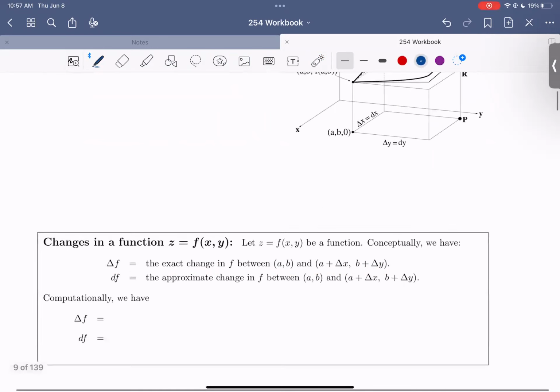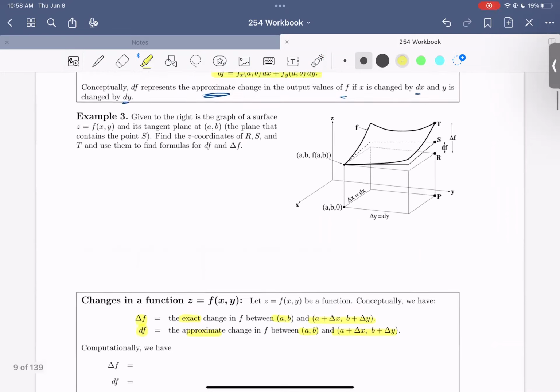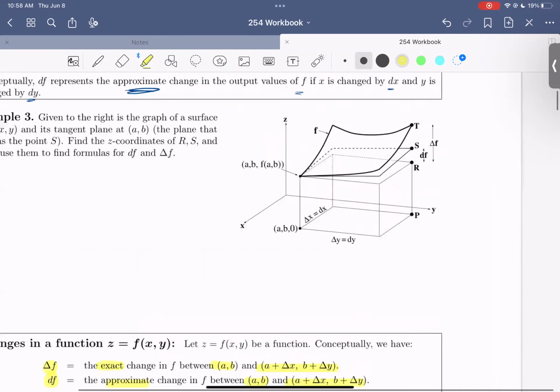So that's exactly the change of the function, while df, the differential, is the approximate change of f between the points (a, b) and (a plus a little bit, b plus a little bit). So we have an exact versus an approximate change.